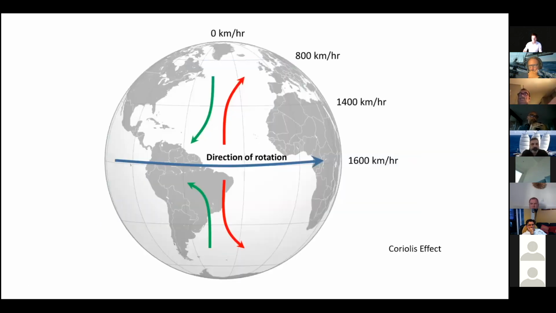In fact, what happens is that planet Earth is rotating over itself. And this creates a very interesting thing, which is when something moves over planet Earth, it will carry the amount of movement being brought to it by the movement of planet Earth.